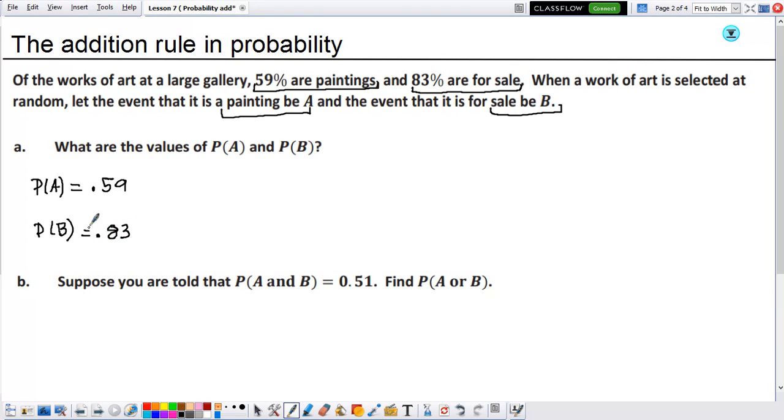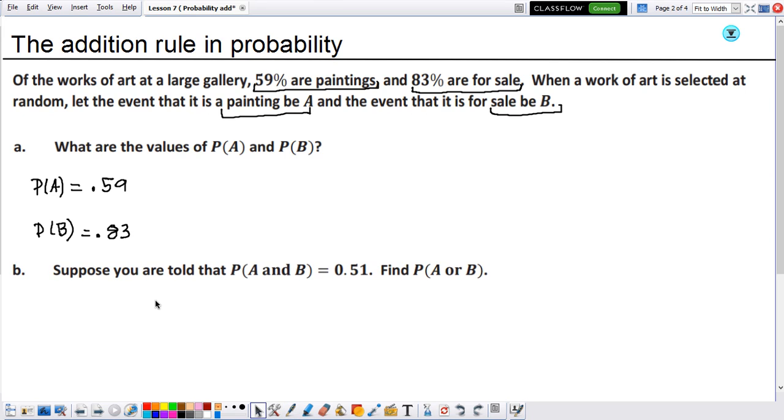Excellent. Now, looking at part B, it says to suppose that you are told that P of A and B is equal to 0.51. But our main task is to find P of A or B. So again, what is the formula for P of A or B?